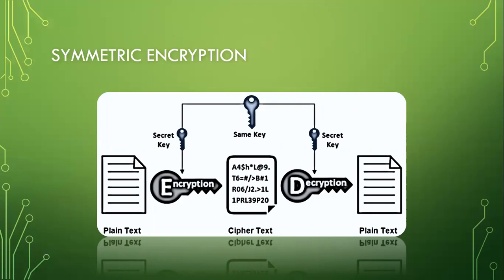First, data is encrypted by the symmetric key, and when any user tries to access the data, it is decrypted with the same symmetric key. Then the user can easily access the data. The picture shows the symmetric encryption process.